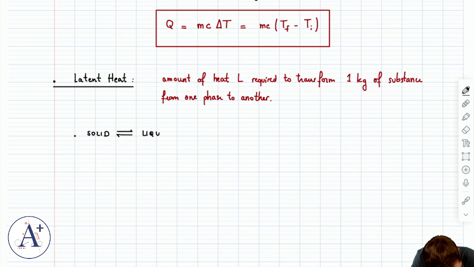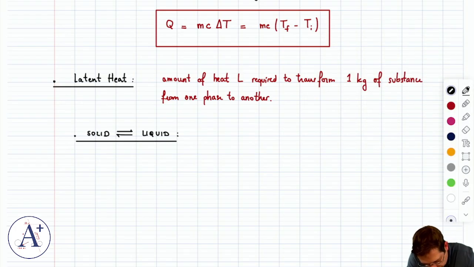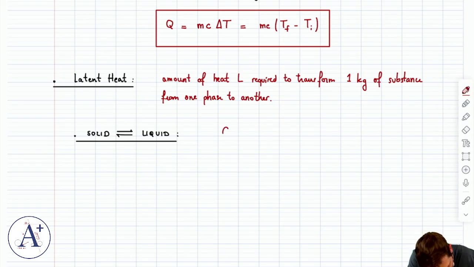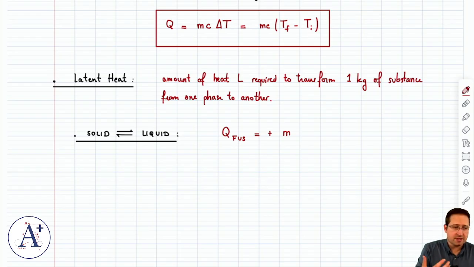So I have a first phase change between the phases solid and liquid. Well, if I want fusion, which is going from solid to liquid, then Q fusion is going to be plus the mass m of substance that I have multiplied by the energy per kilogram required to melt that substance. I have to remember that it's positive.